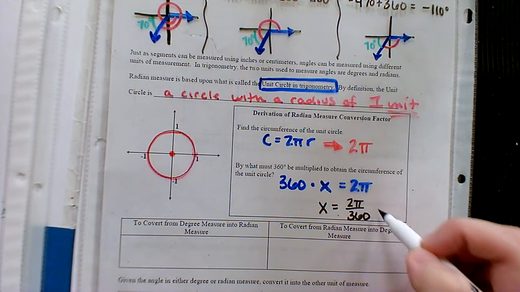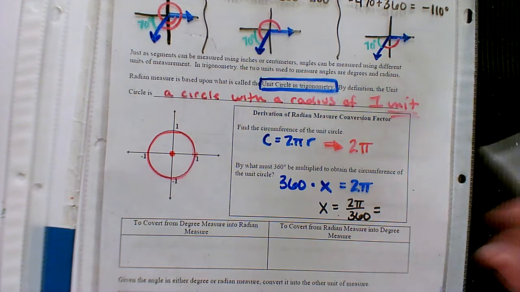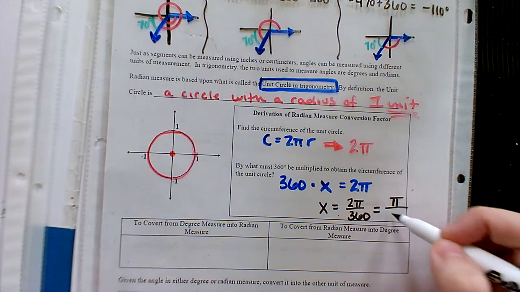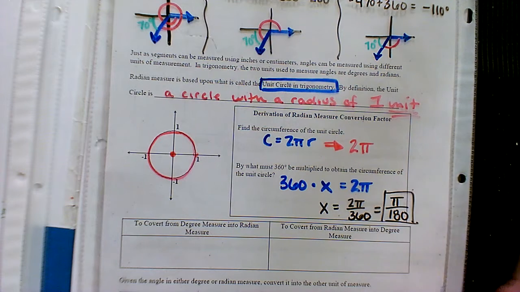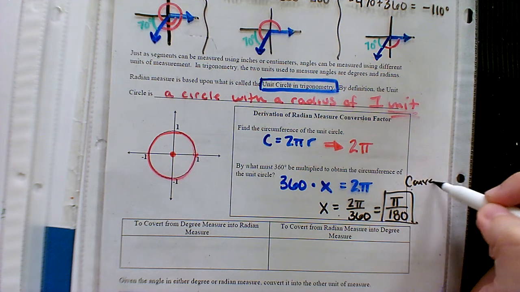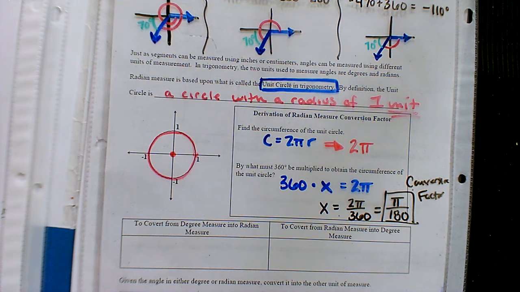But maybe we can simplify this fraction, or at least the number parts. 2 divided by 360 would simplify to 1 over 180. So we'll have pi over 180. This is our conversion factor. Factor meaning multiplication. This is what we're going to use our times in a line to convert from radians to degrees or degrees to radians.